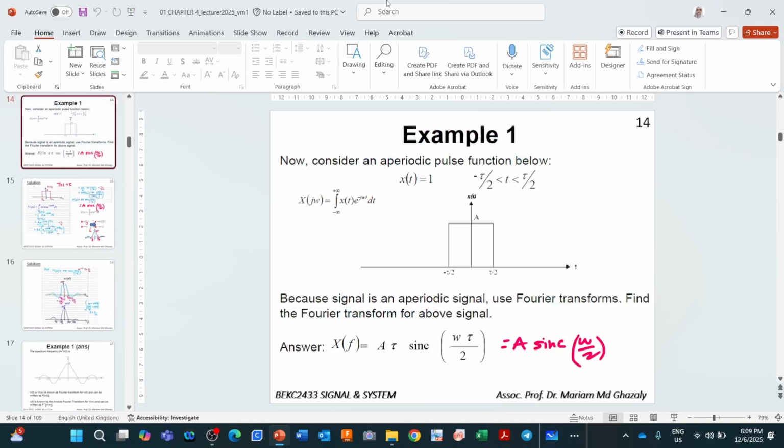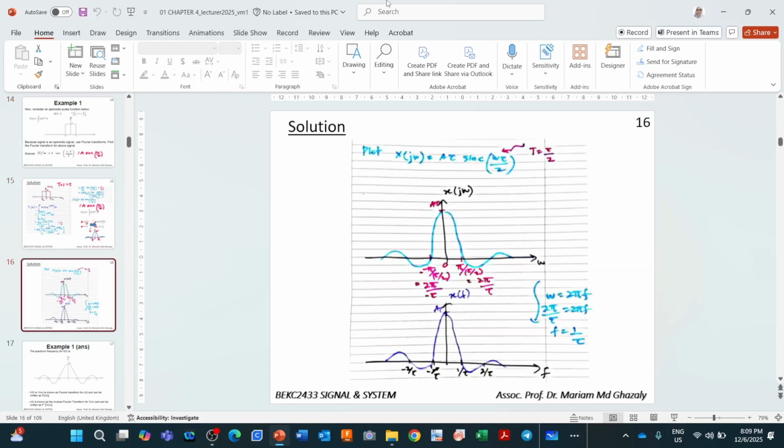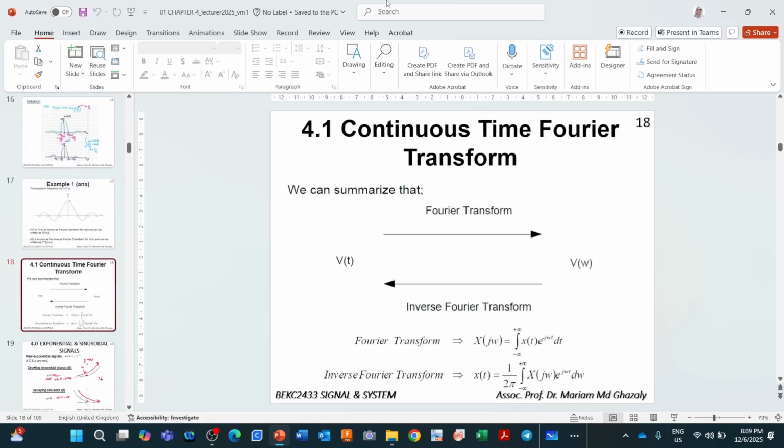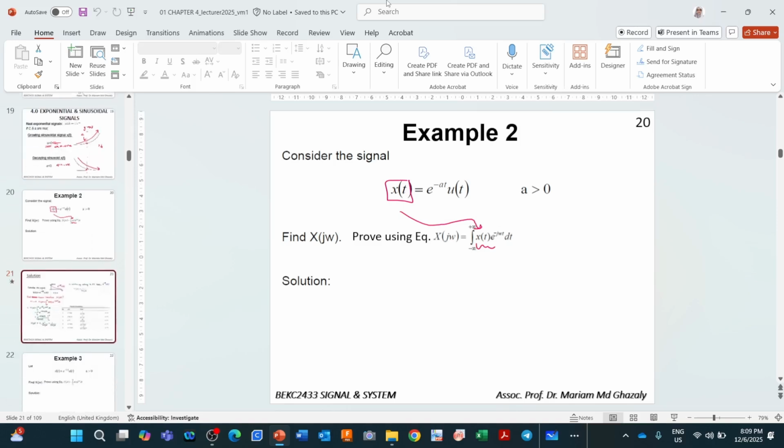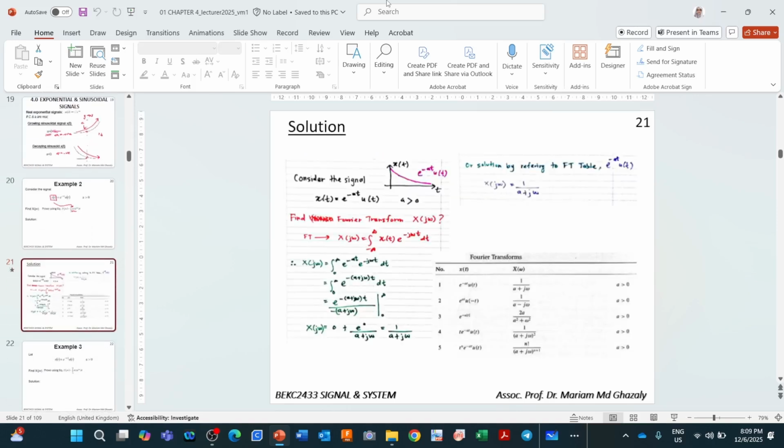Okay, and basically, if you look at example page 14, and then this one, example number 2. Try to go through and understand the solution, because the solution is in the slide, that's the reason why I want you to print out the notes. Of course printing the notes is one thing, but trying to derive it on your own is another thing. Don't just read it.